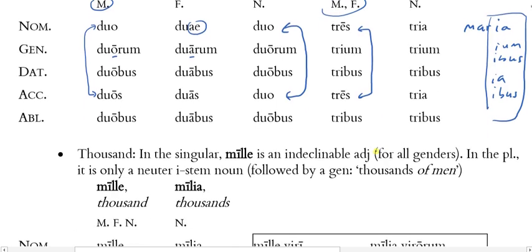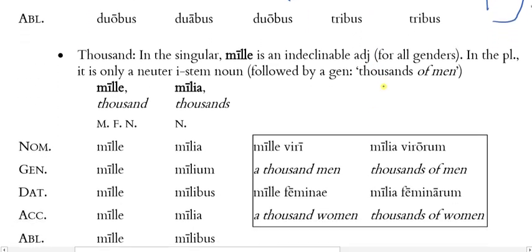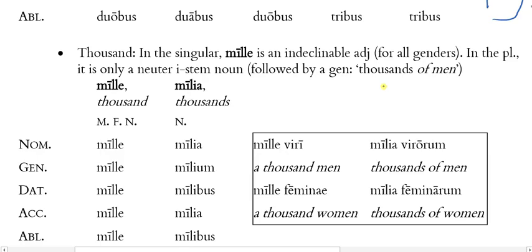All right, now for the word thousand. In the singular, the word thousand is mille, and this is an indeclinable adjective. So it's not here because it's declinable. It's just that it needs to go here because another form of thousand is declinable. In the plural, this is only a neuter i-stem noun. And this is used when we want to number thousands, or we could be indefinite about it as well.